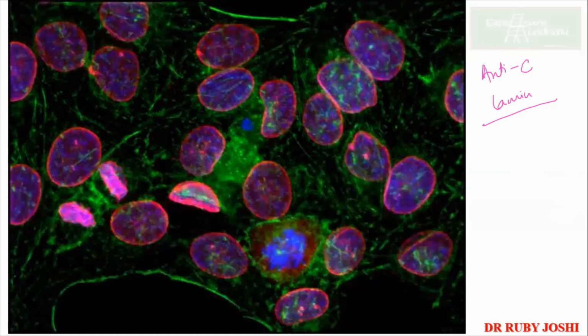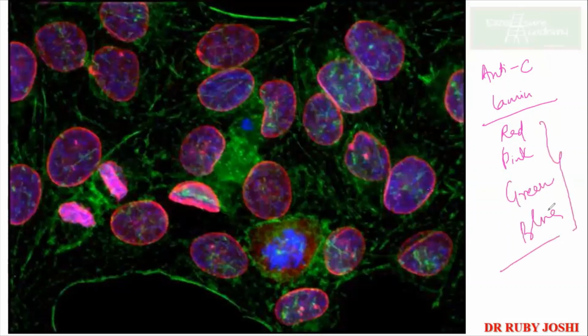Okay? By default it is always the DNA, because we have not been able to make any other such dye. Mainly you get red fluorescence. Right now this pink is appearing because of the blue; otherwise this is also red. And then green. Blue is for your DNA.